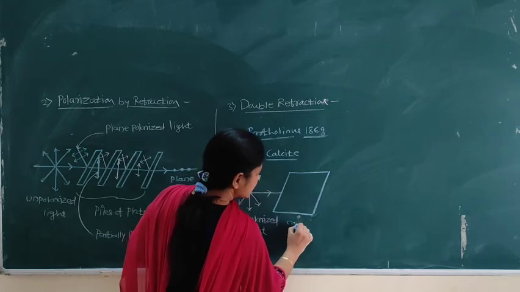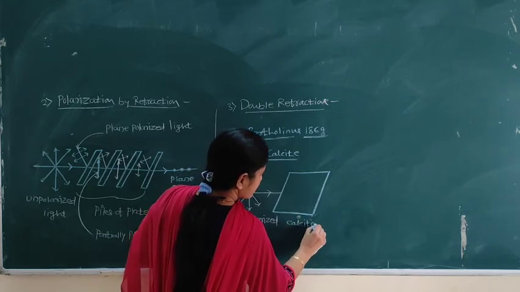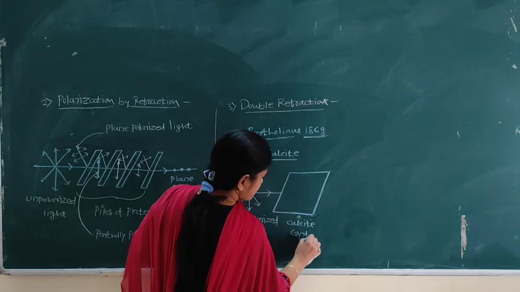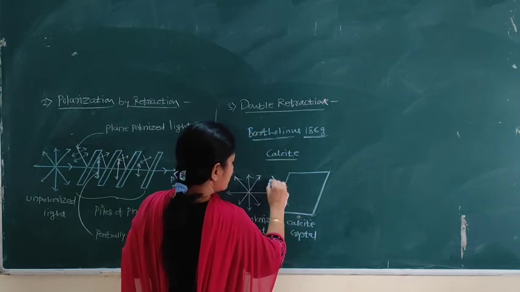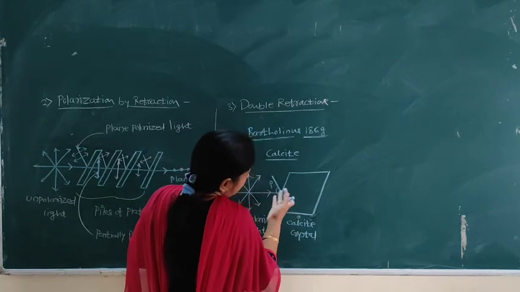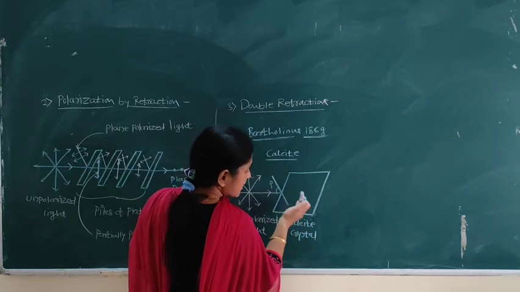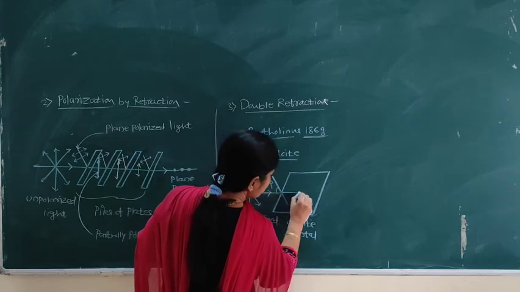This is the calcite crystal. It makes an angle of incidence i, and when that light enters the calcite crystal, it produces two refracted rays.